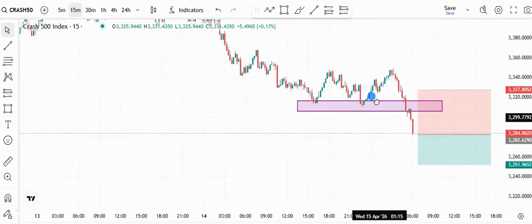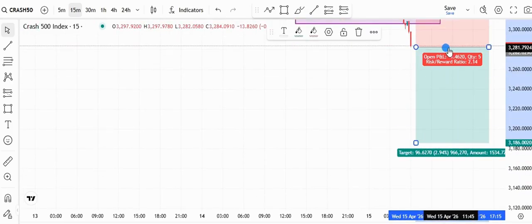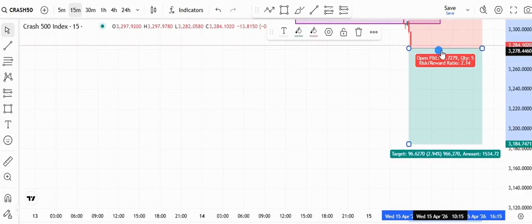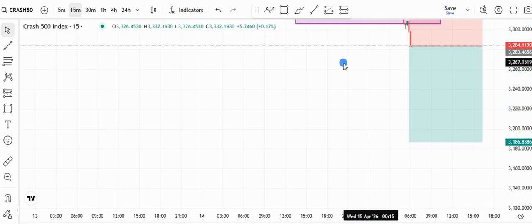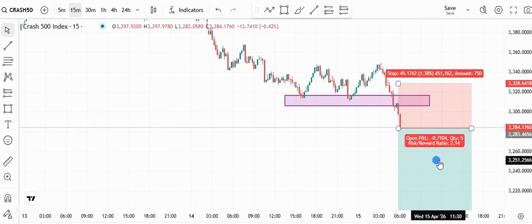Remember, this is the 15-minute chart, so don't be scared of stop loss. Okay, I think here is a good entry for us to go short on Cash 500. So here is my bearish setup on Cash 500.